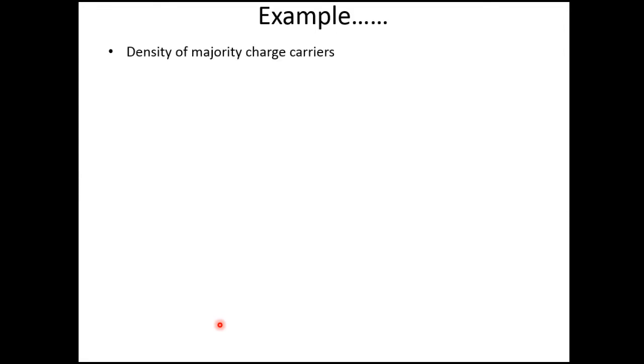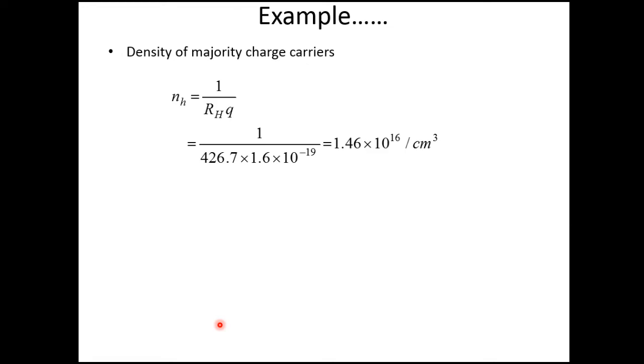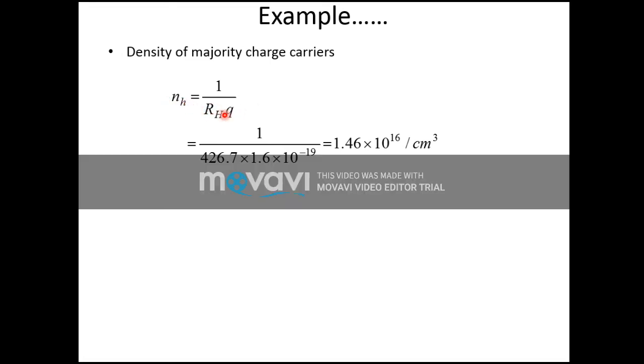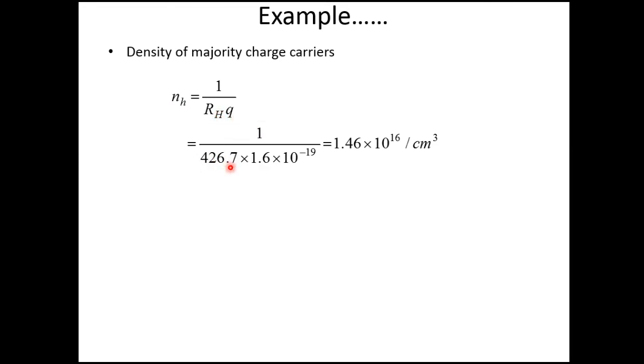Now we can find the density of majority charge carriers, which is given by simply the formula. You know that RH is equal to 1 by NE or 1 by NQ. So NH will be equal to 1 by RHQ. So 1 by RH we have just found, 426.7.